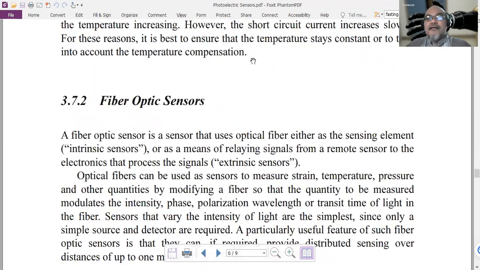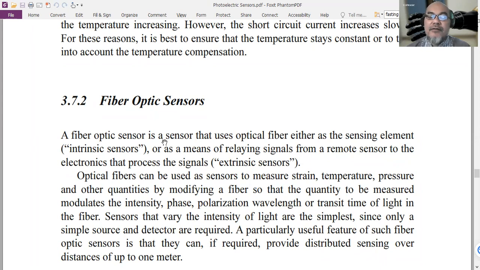Then another quite different type of photoelectric sensor is the fiber optic sensor. Fiber optic is used to carry light radiation.